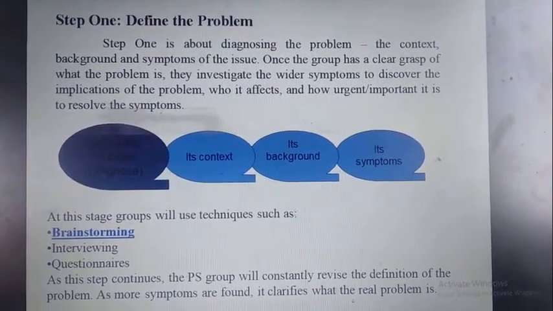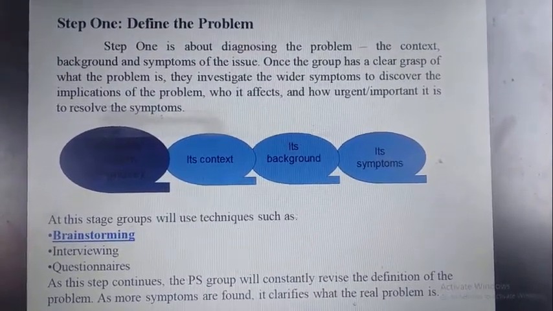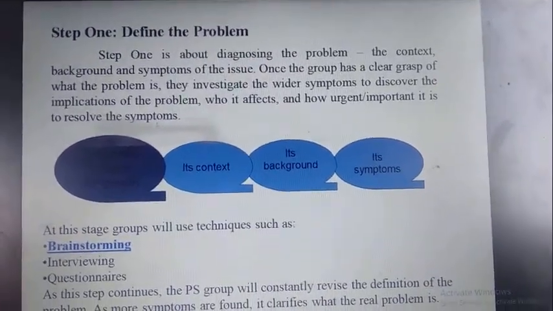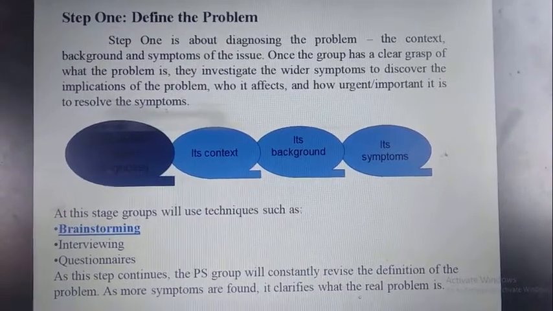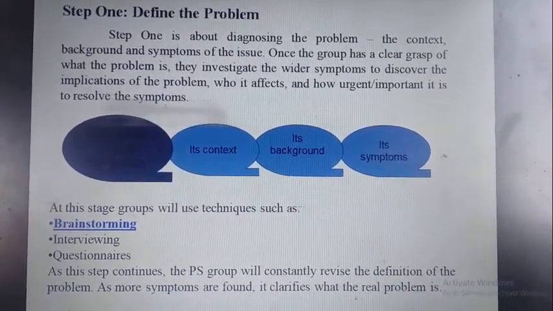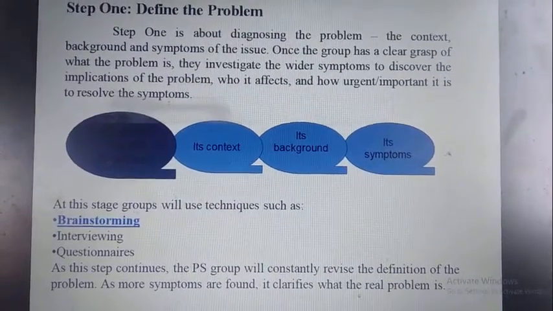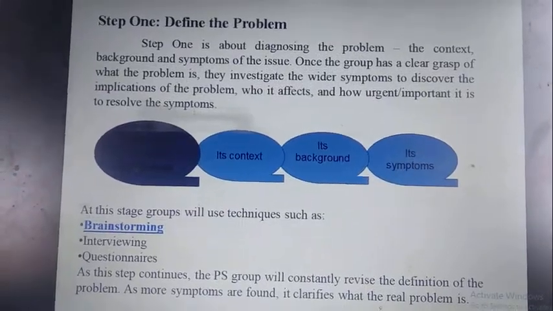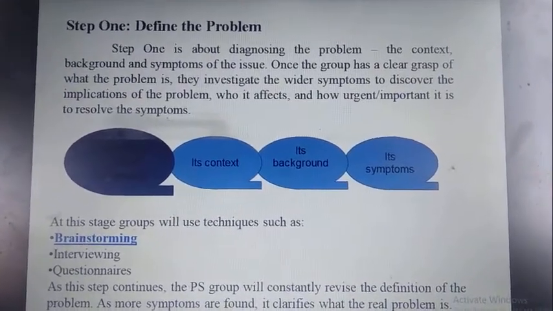Lots of questions arise when we are in front of the group discussing the problem. As the steps continue, the problem solving group will consistently revise the definition of the problem as more symptoms are found, and it clarifies what the real problem is.